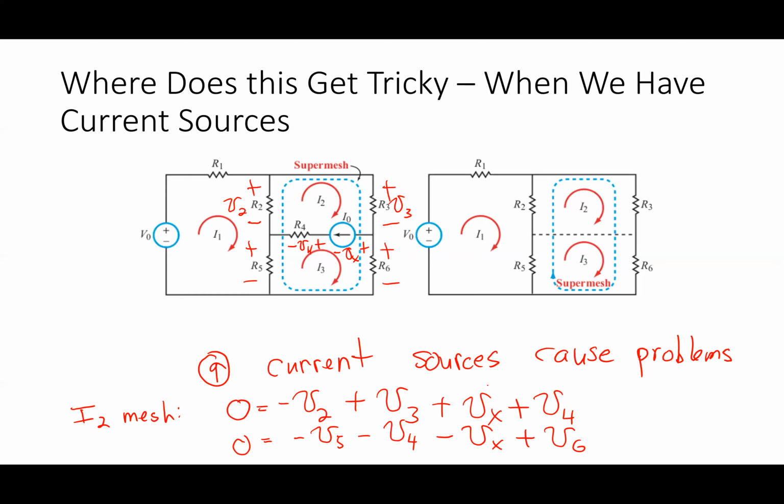I could basically solve this bottom guy for Vx and then plop him back into here. If I did that, that would be equivalent to doing a KVL around that outer loop.